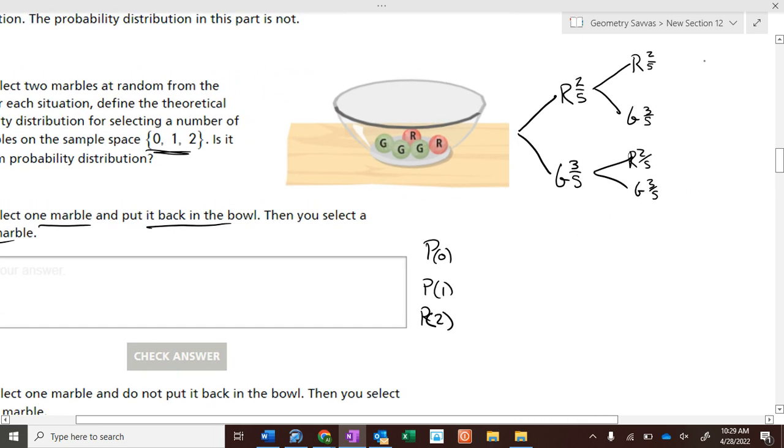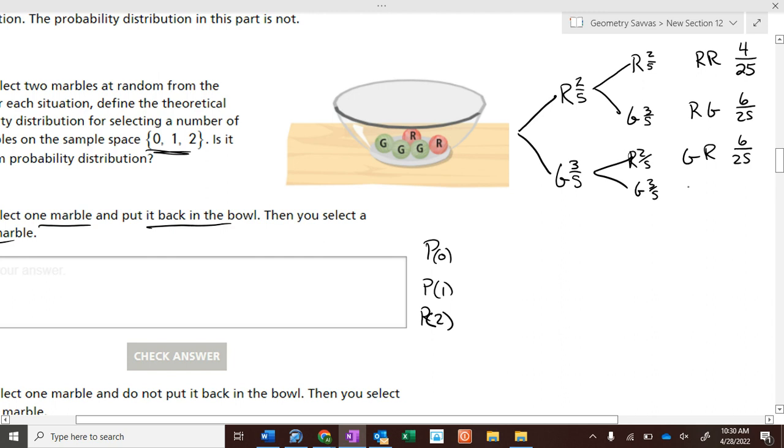Okay? So going red, red, what is your probability? 4 out of 25. Going red, then green is what out of 25? 6 out of 25. Going green, then red, 6 out of 25.